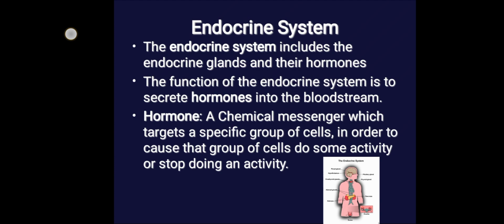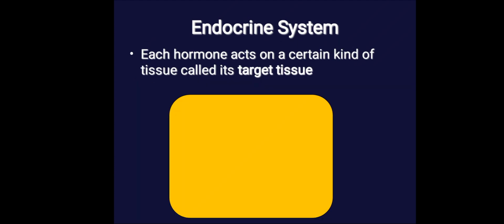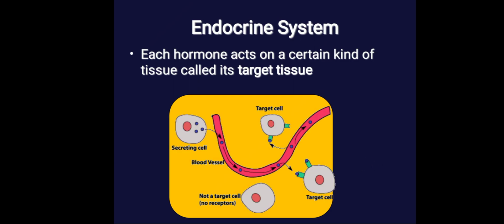Exocrines are duct glands, and endocrines are ductless. The examples have been given over there. Wherever the hormone is required by the body, that is the target tissue.